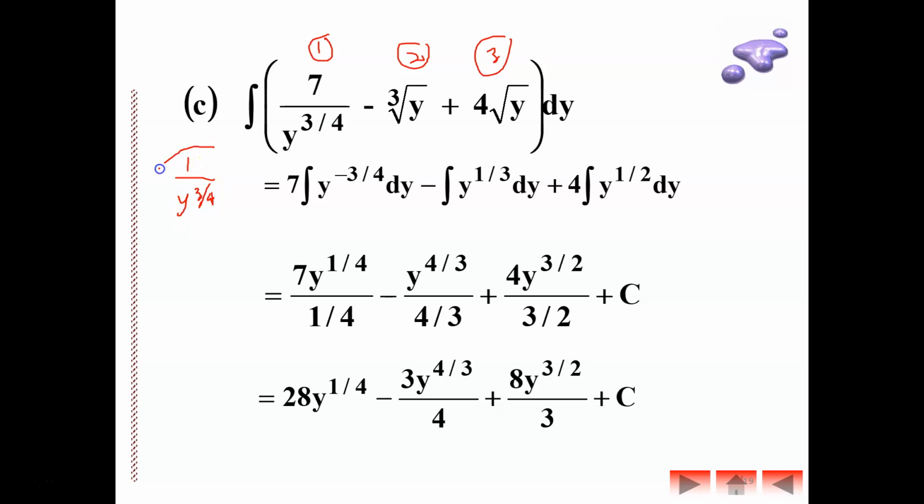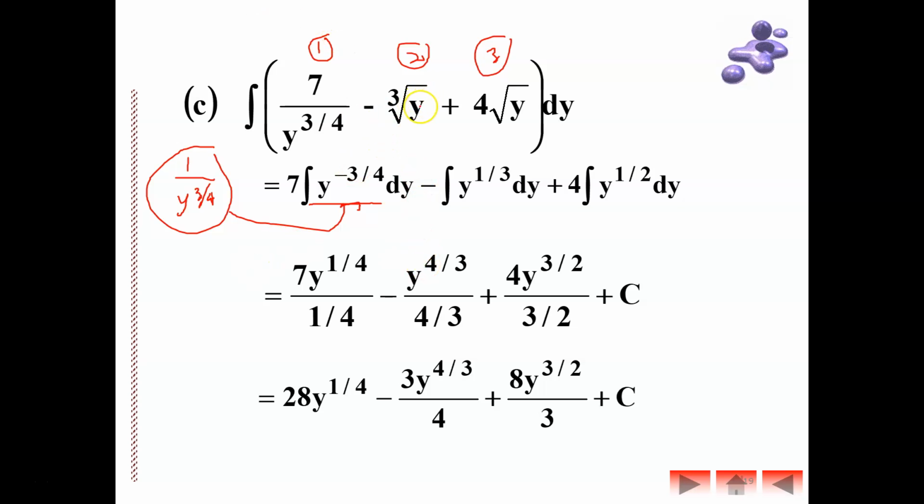So this part is actually equal to 1 over y to the power of 3 over 4. So when we write it back, it becomes y to the power of negative 3 over 4. Negative means 1 over. Okay.